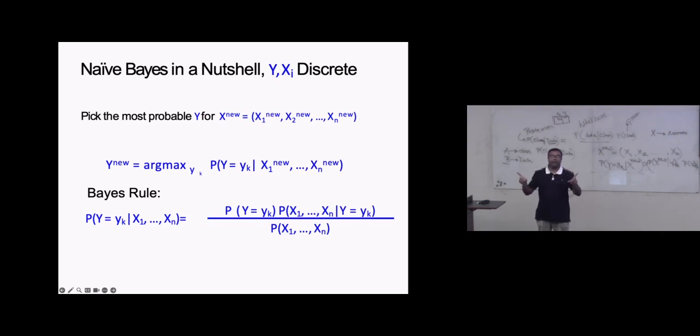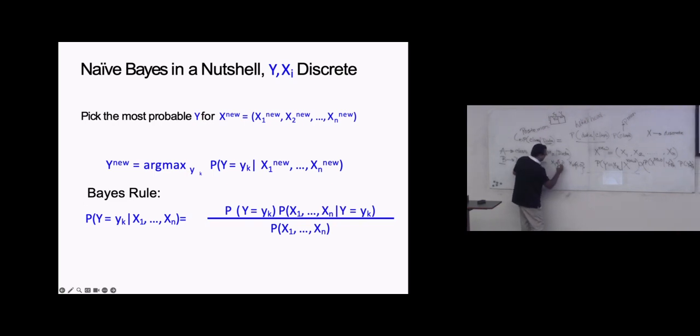So if you have 100 features, and let's assume that they are binary features, how many combinations can you have for those features? 2 to the power 100, right? So if you have a 100-dimensional vector to represent, x1 could be binary, 1 or 0. x2 could be 1 or 0. x100 could also be 0 or 1.